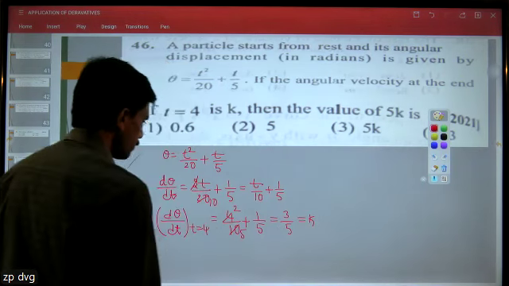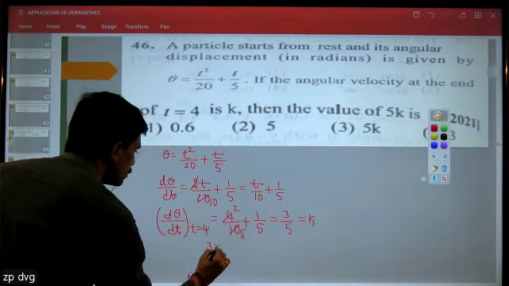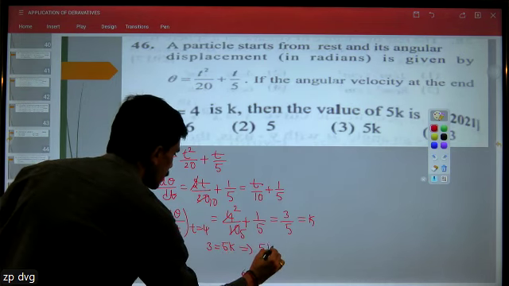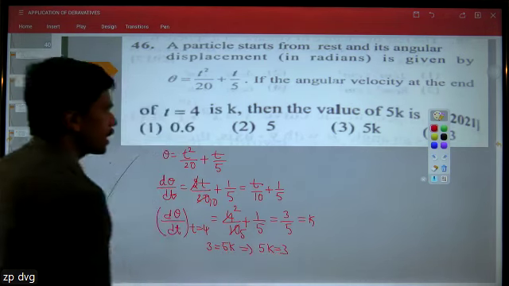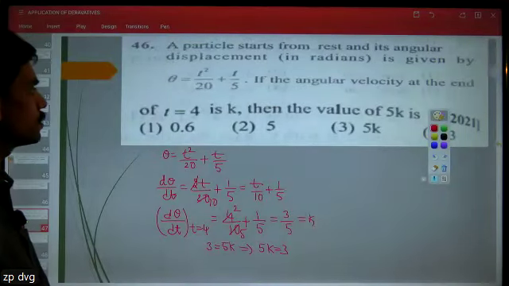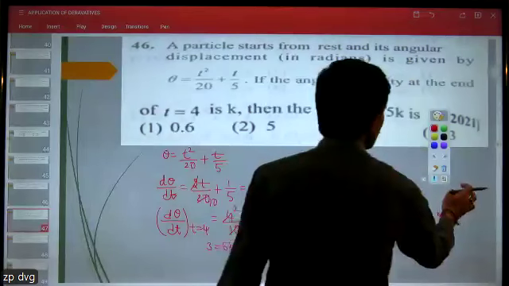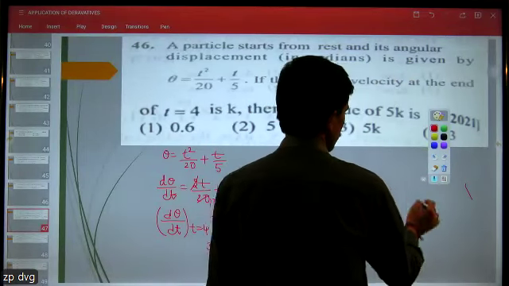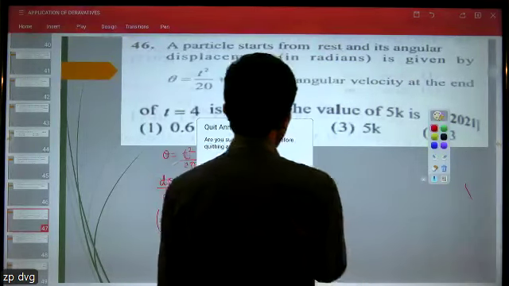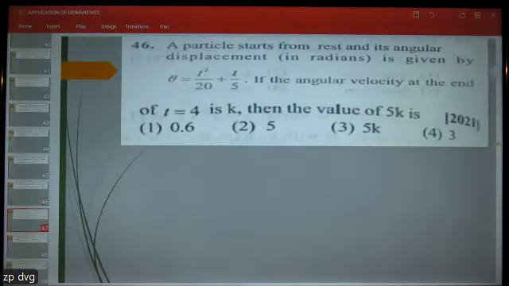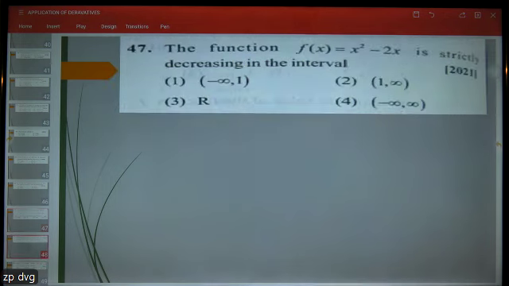So by this we get 5k equal to 3. They ask the value of 5k, so 5k equal to 3. So correct option is option 4. Okay, option 4 is the right answer. It is 3. So next question number 47.